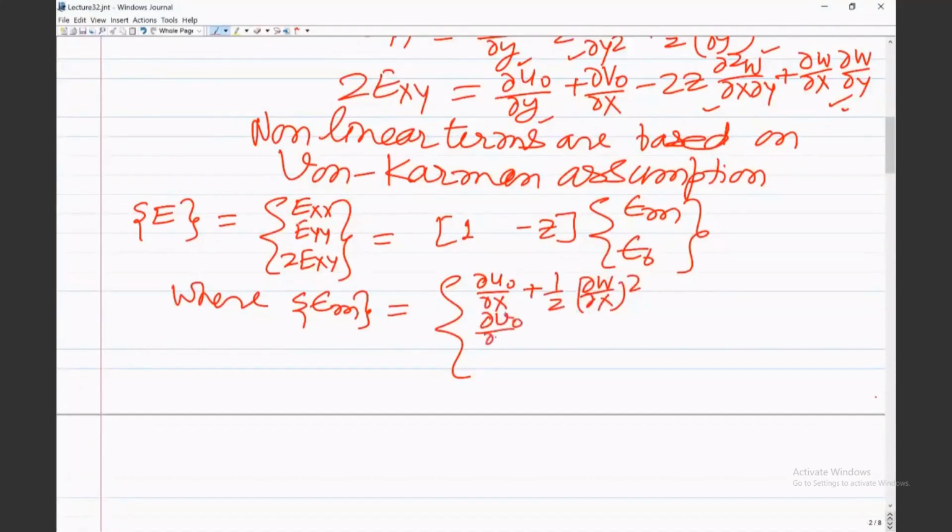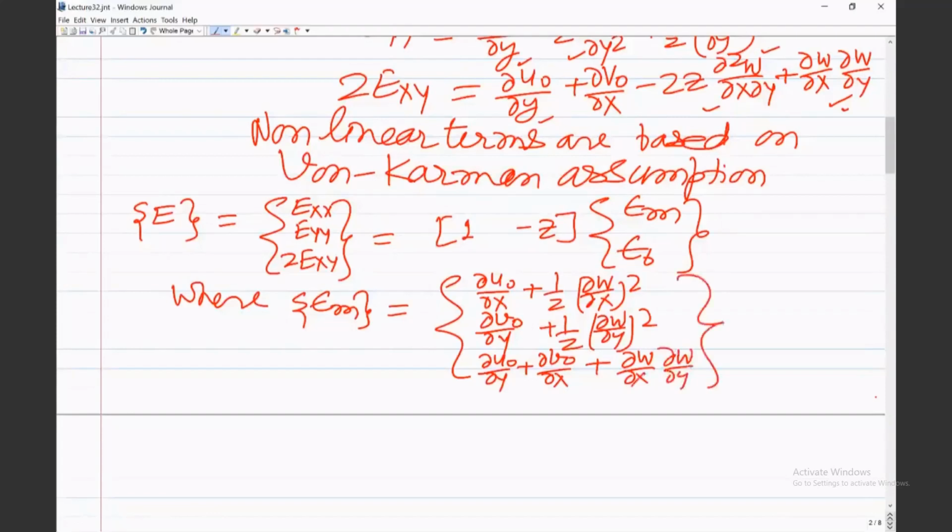Then del v naught by del y plus half of del w by del y whole square, and then del u naught by del y plus del v naught by del x, plus del w by del x into del w by del y. So this we are calling membrane strain. This is similar to what we already talked about in the Euler-Bernoulli beam element.